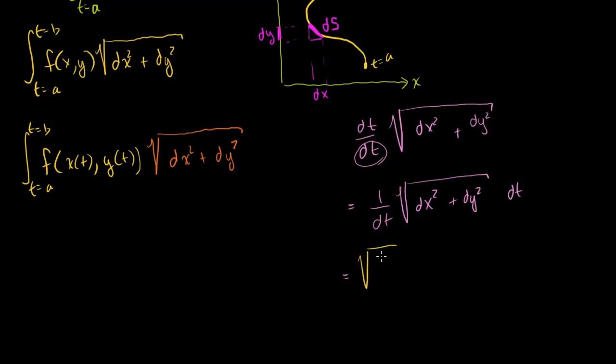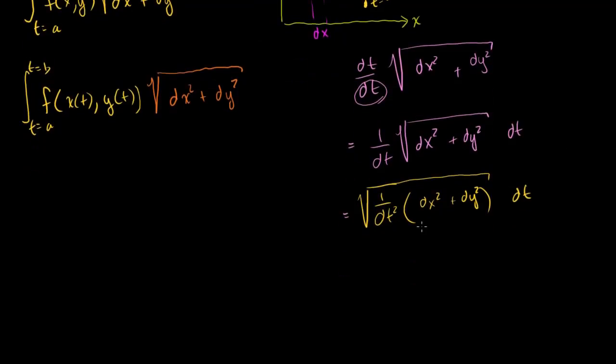This is the same thing as the square root of 1 over dt squared, let me make the radical a little bit bigger, times dx squared plus dy squared. And then all of that times dt, right? I didn't do anything. You could just take the square root of this, and you get 1 over dt.